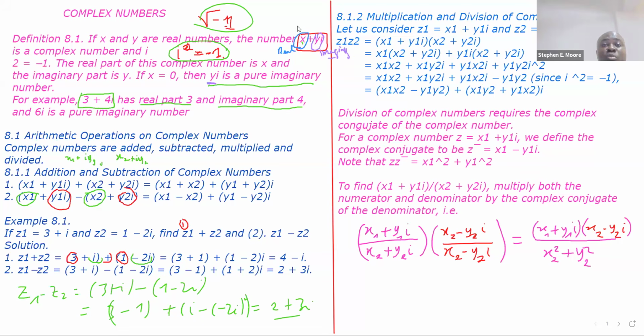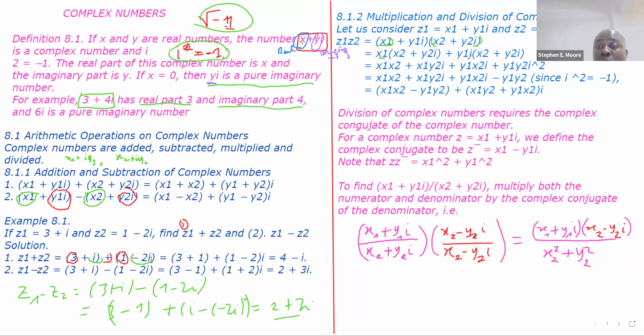If you want to multiply, you multiply x1 plus y1i by x2 plus y2i. If you multiply them, then you get x1 times what is in this bracket plus y1i times what is in that bracket. Again, you can expand: x1 x2 plus x1 y2 i. Then here you have y1 i times x2.